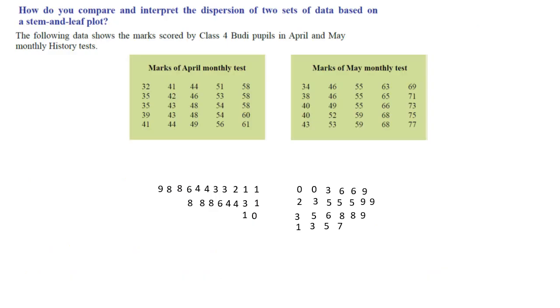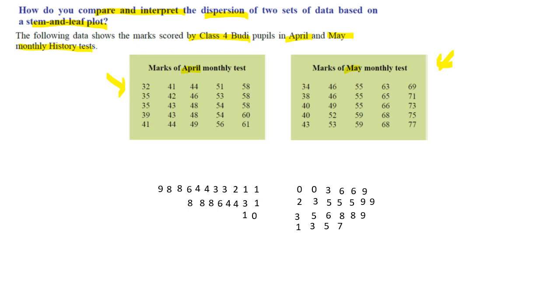And then next, you want to compare and interpret the dispersion of stem and leaf plot. So you have two sets of data here of class 4 Budi pupils, that is April and May monthly history test.